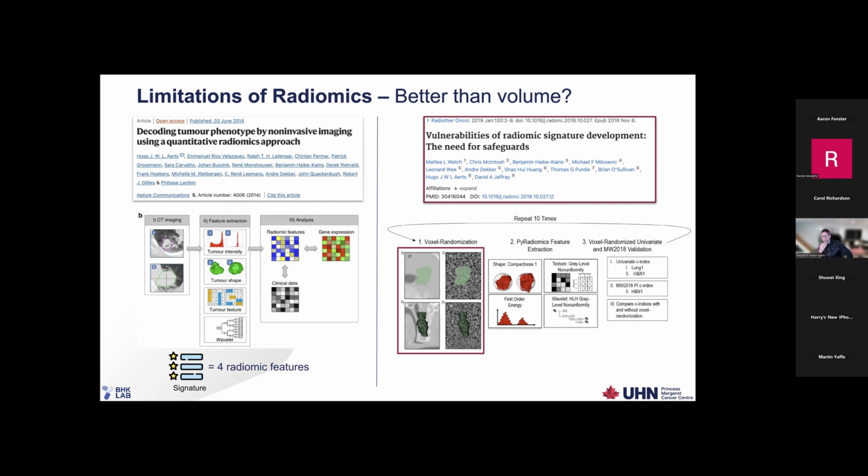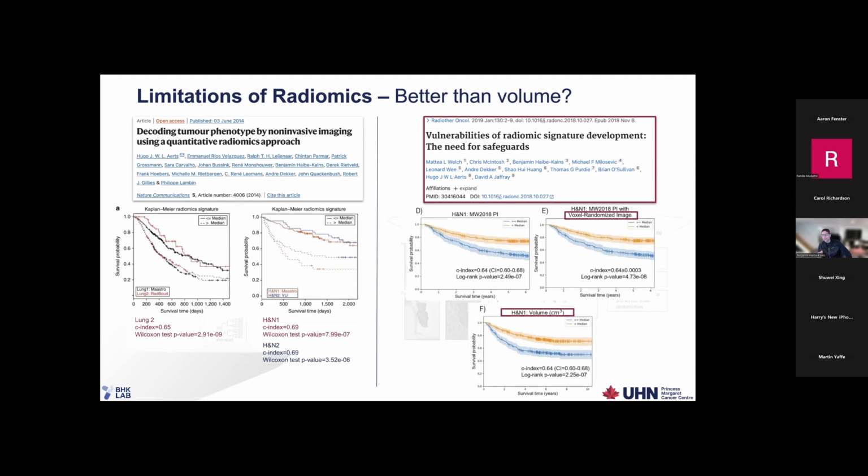So what Mattia did was randomize the voxels in the image, and the signature should fail, right? If it really detects something intrinsic to the tumor based on the very specific arrangement and distribution of voxels, it should completely fail. The problem is that it did not.